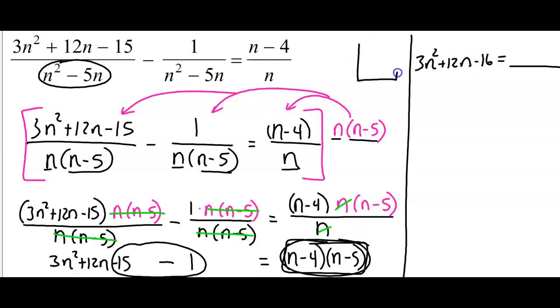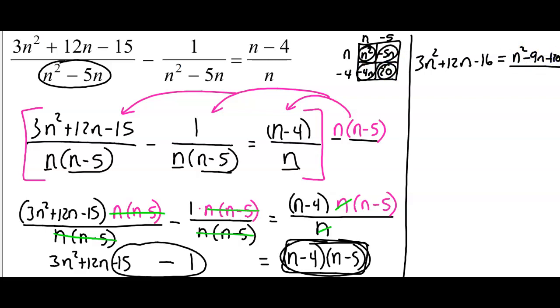So I'll show my work here. So it's n squared. Combining these like terms here, we get minus 9n plus 20.